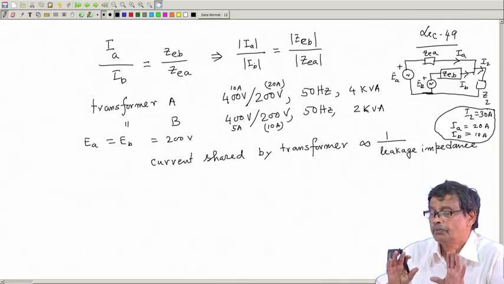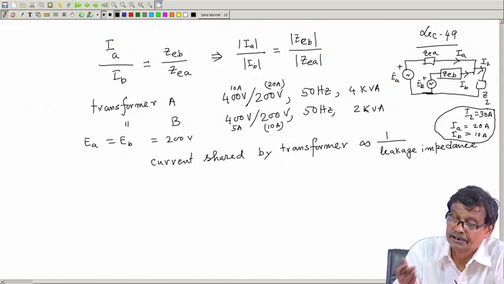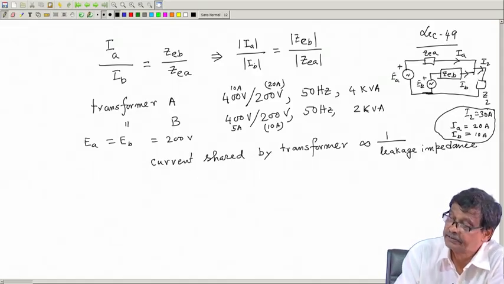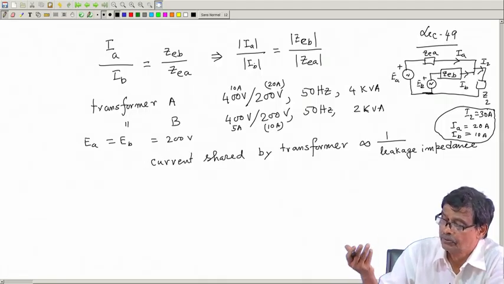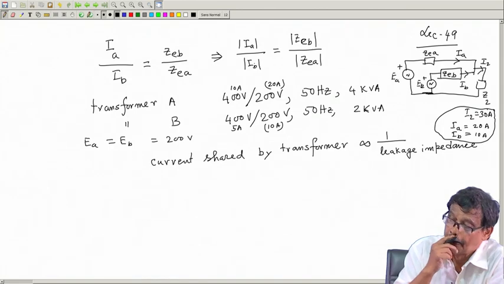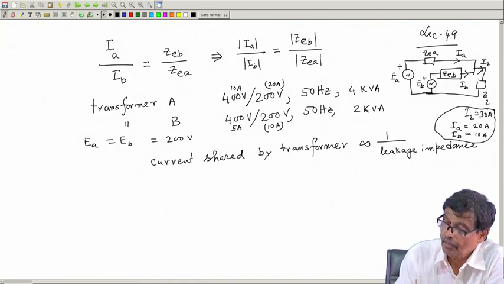All transformers will be under full load condition. The kVA handled by transformer A will be 4 kVA, transformer B 2 kVA, and kVA supplied to the load will be approximately 6 kVA. Nothing is better than that. Okay.